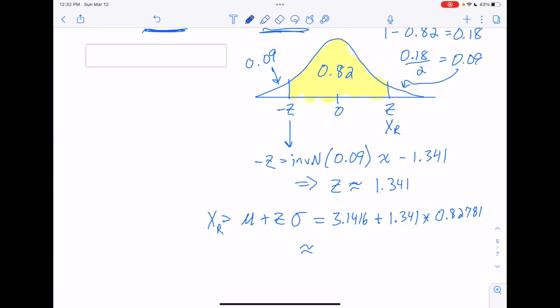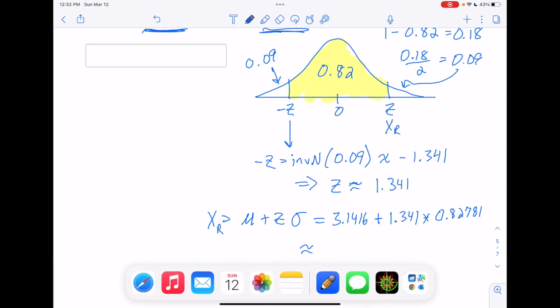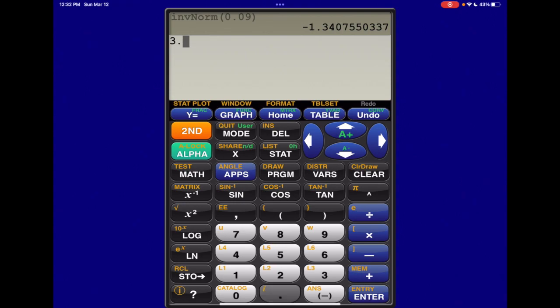All right, so going to the calculator, we have 3.1416 plus 1.341 times the standard deviation, 0.82781. Round that to 2 decimal places, which is actually a little shorter.